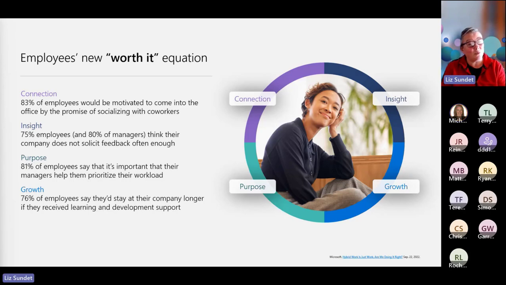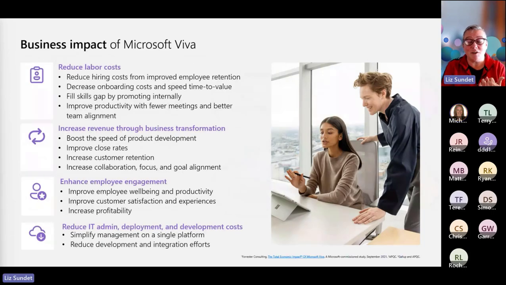And so one of the ways that the leaders can address those types of challenges is to find those modern ways to be able to engage and develop those employees, especially in what we call that hybrid world that we are now living in. And so there's a huge business impact on Microsoft Viva, not only to reduce labor costs or increase those revenues through business transformations, but really to take a look at what we have for employee engagement and reaching those audiences wherever they are at.